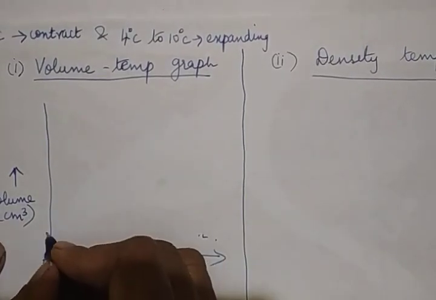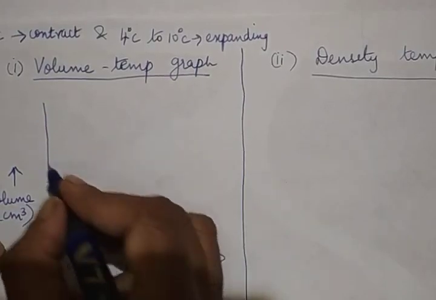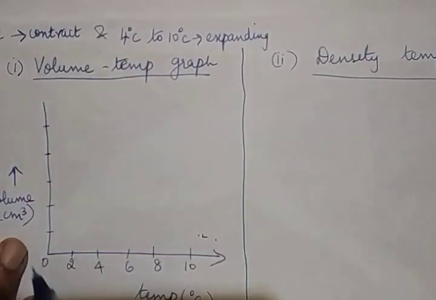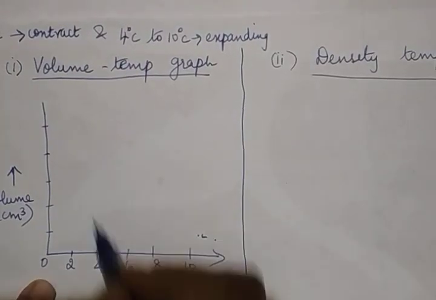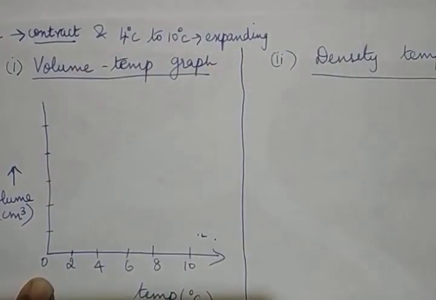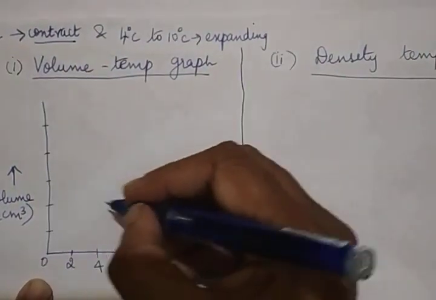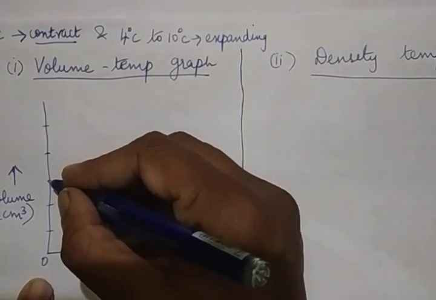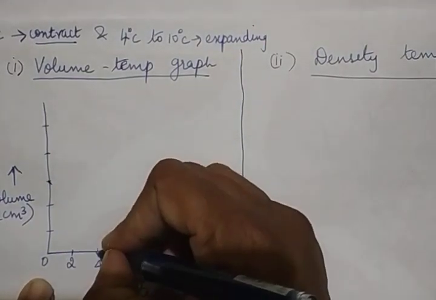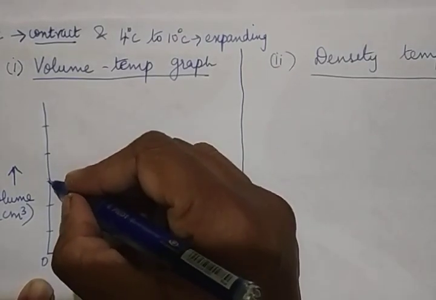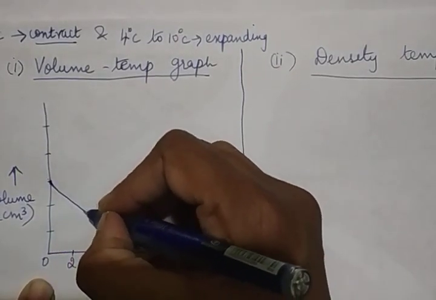You need not show all these values. I'll just tell you what to show. Now, when you heat from 0 to 4, it contracts. Contracts means volume is decreasing. So it was at some volume here, and till 4 it will contract. So your graph will go down like this.